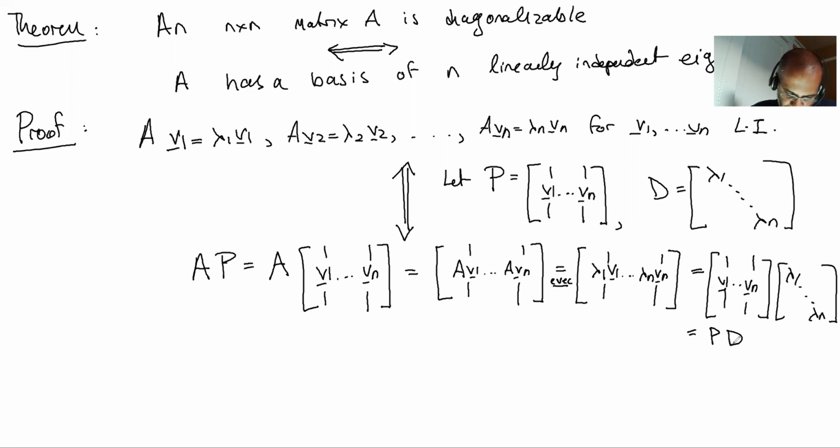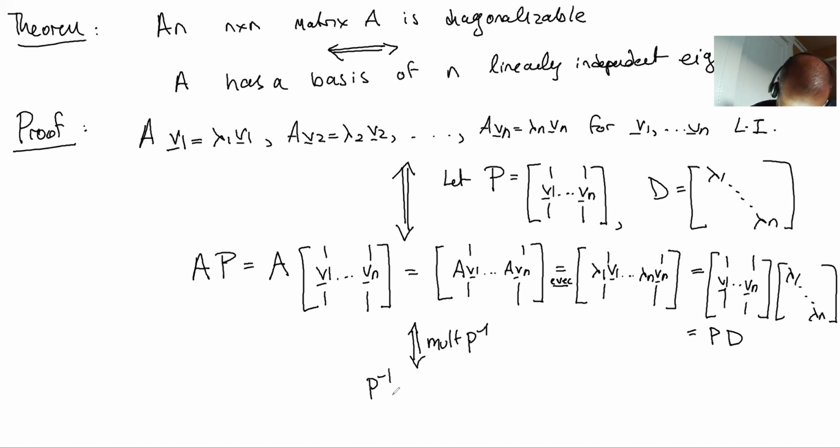So I wanted to prove that A is similar to D. I didn't quite get that. I got AP equals PD. And D is diagonal, right? Anybody know what to do to get the similarity statement? Couldn't we multiply both sides by P inverse? Yeah, just multiply both sides by P inverse.